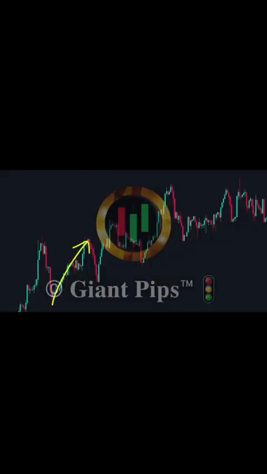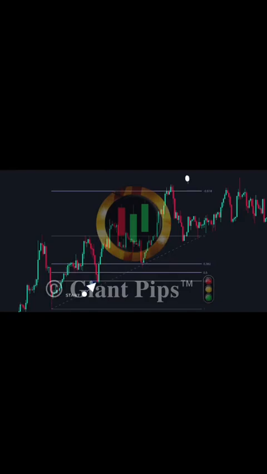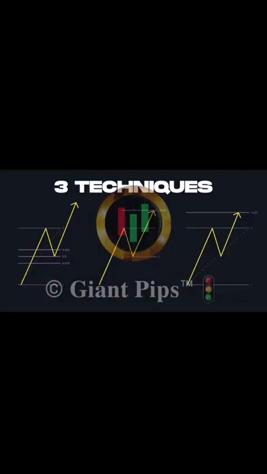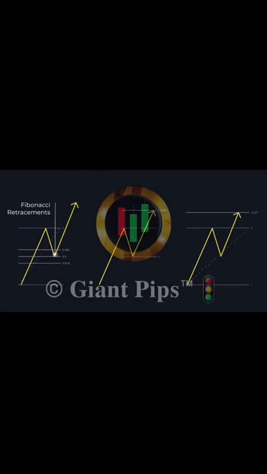So, some traders thought of applying this to trading, and the results were astounding. They discovered that the Fibonacci ratios could be used to identify the start and end of a price move. Over the years, traders have developed 3 techniques to achieve this. Number 1, Fibonacci retracements.